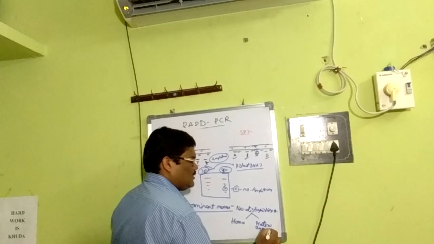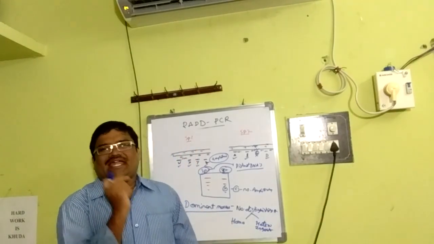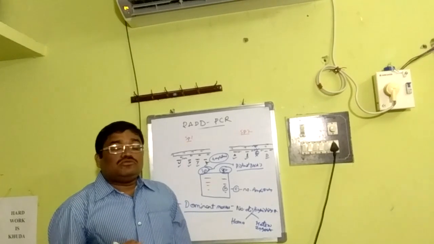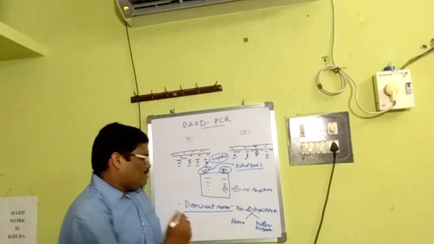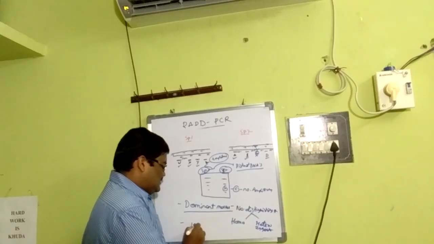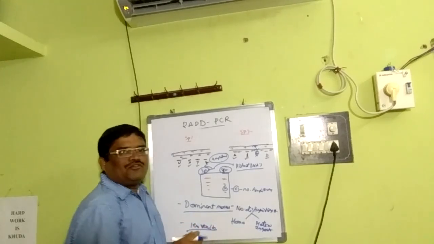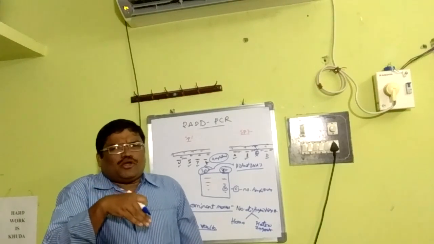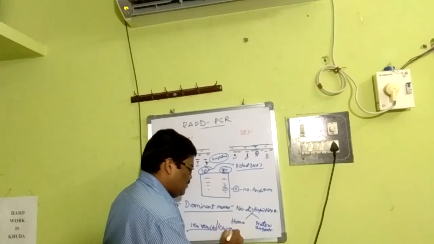This is very important. This is one of the bottlenecks of RAPD, and though it is inexpensive and fast, it has low reproducibility.